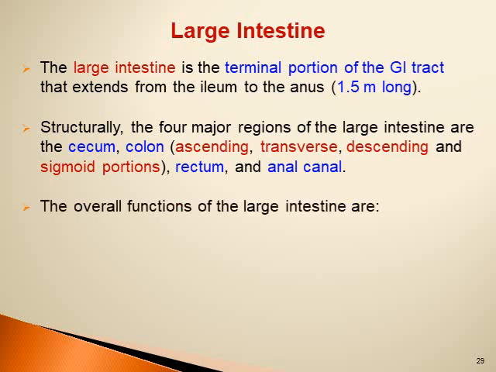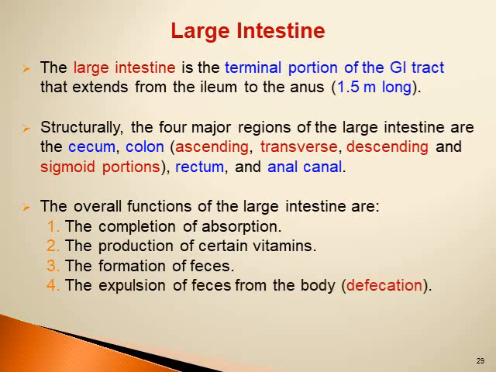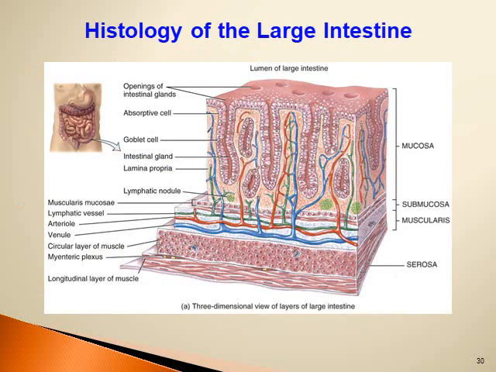The overall functions of the large intestine are the completion of absorption, the production of certain vitamins, especially vitamin K, the formation of feces, and the expulsion of feces from the body by the process of defecation, or the defecation reflex. Again, the wall of the large intestine has the same four layers: the mucosa, submucosa, muscularis, and serosa.